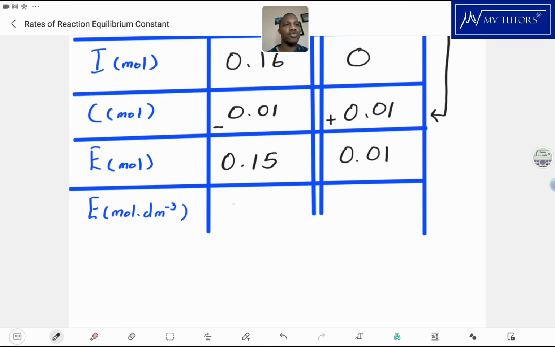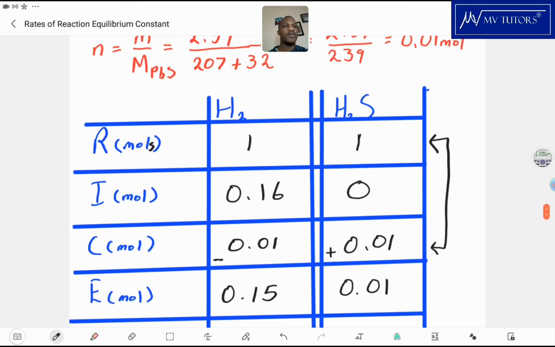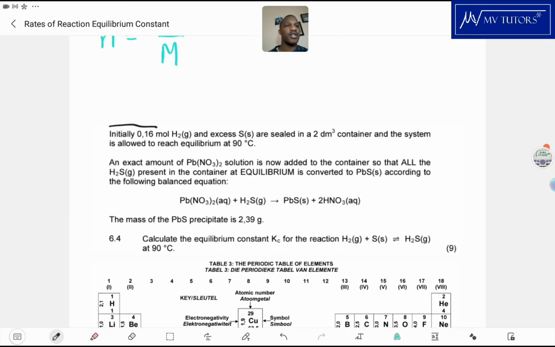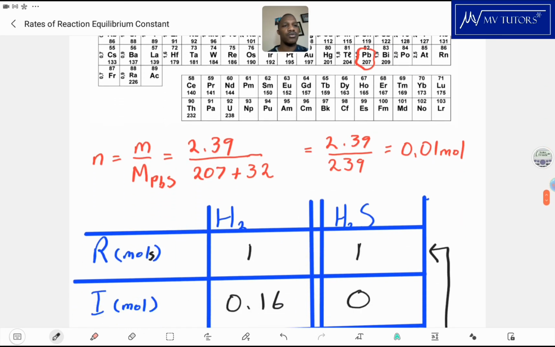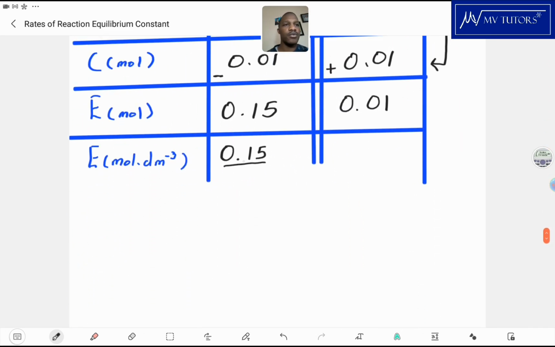Now we just need to divide them by the volume. 0.15 divided by, we were given here in the question, they told us it's 2 dm cubed. So we'll divide that by 2. This side will do the same. It's going to be 0.01 divided by 2.